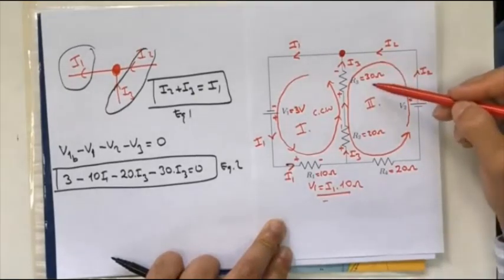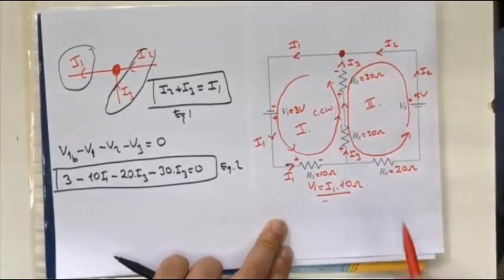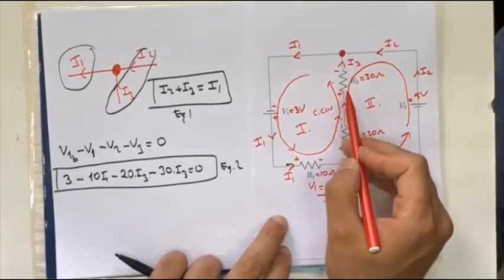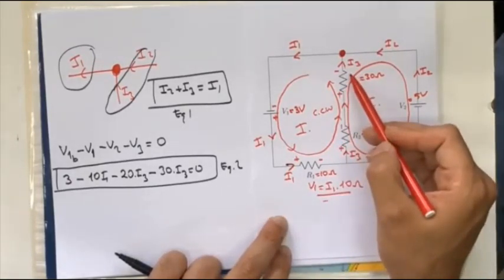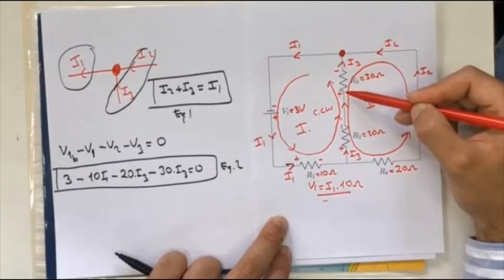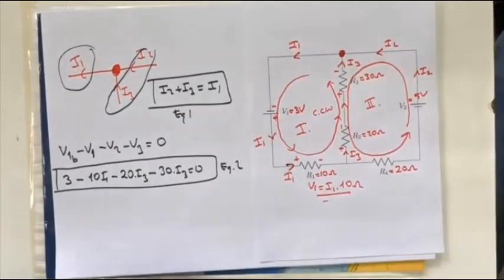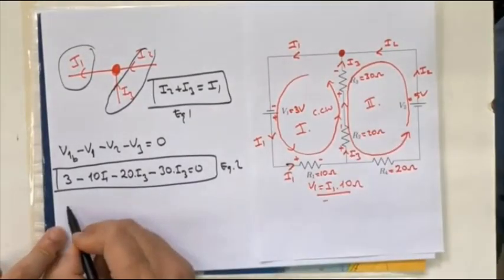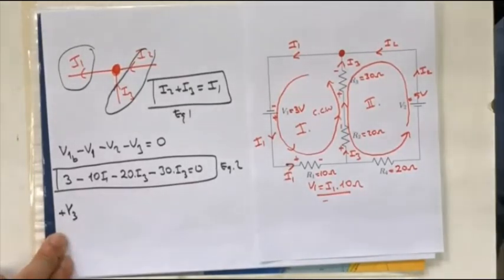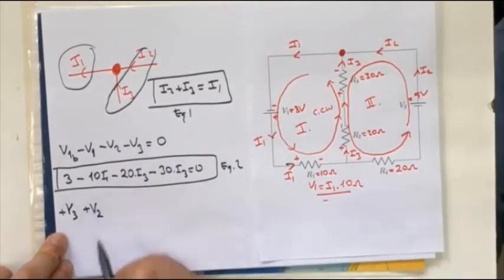Since my loop direction goes from negative to positive, for V3 we will write plus, because current is transferring from the low electric potential to high electric potential. So, it increases the energy of the charges. So, in terms of V3, I will write a plus. Also, for V2, I will write plus, same logic.